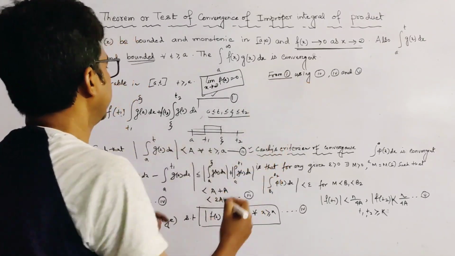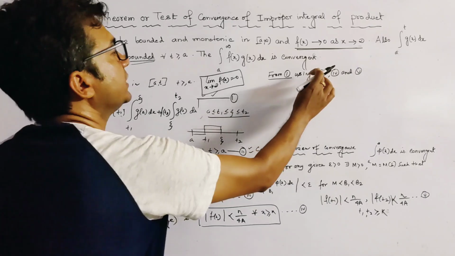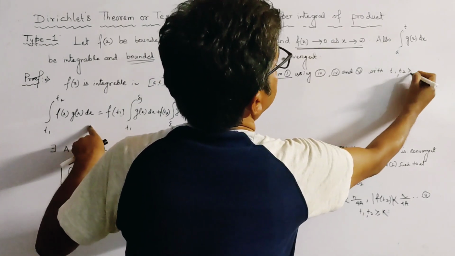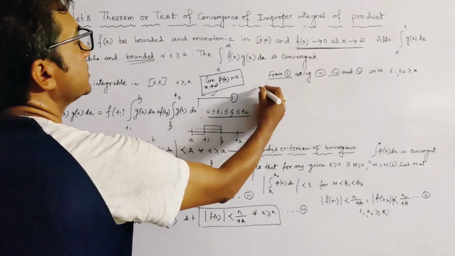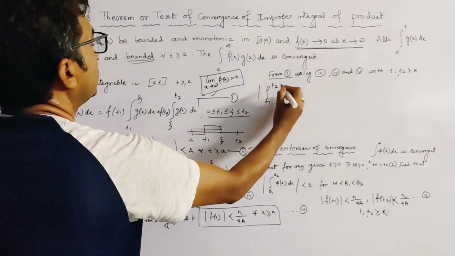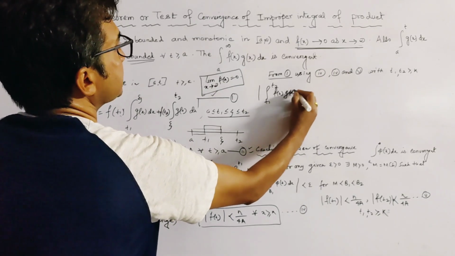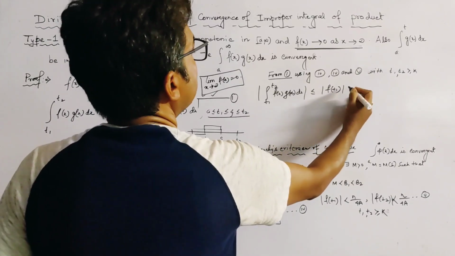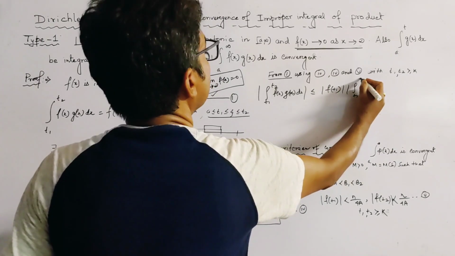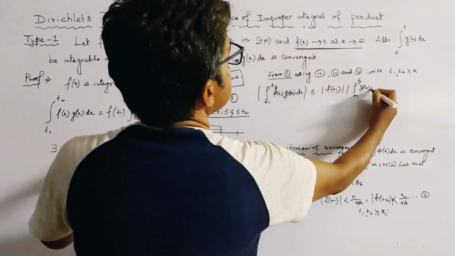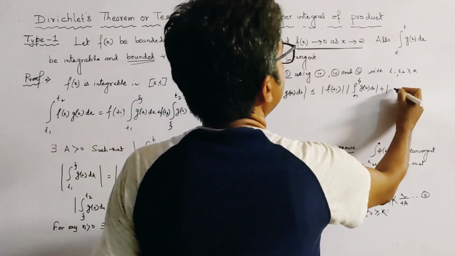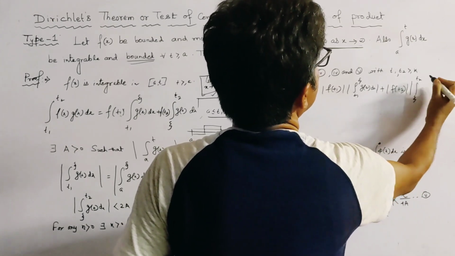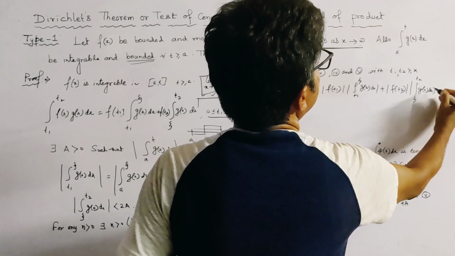Now from 1, and using 3, 4 and 5 with t1, t2 greater than or equal to k, we get mod of integration t1 to t2 f(x) g(x) dx is less than or equal to mod of f(t1) into mod of integration t1 to xi g(x) dx plus mod of f(t2) into mod of integration xi to t2 g(x) dx.